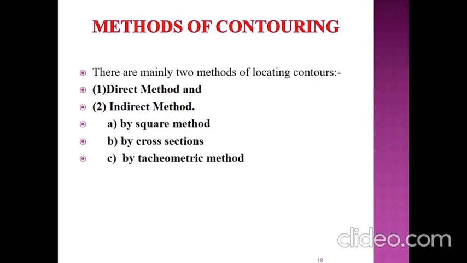The field work can be executed in various ways owing to the availability and use of a variety of instruments. Broadly, the methods can be divided into direct and indirect ones.